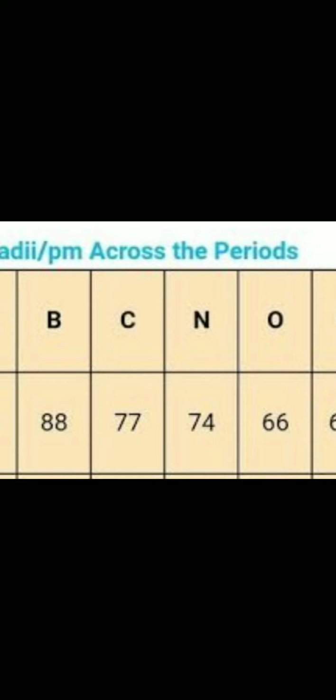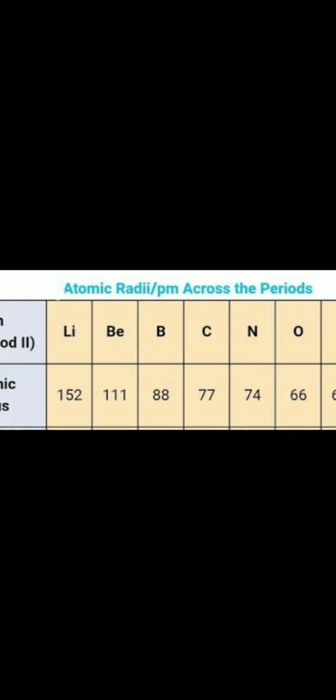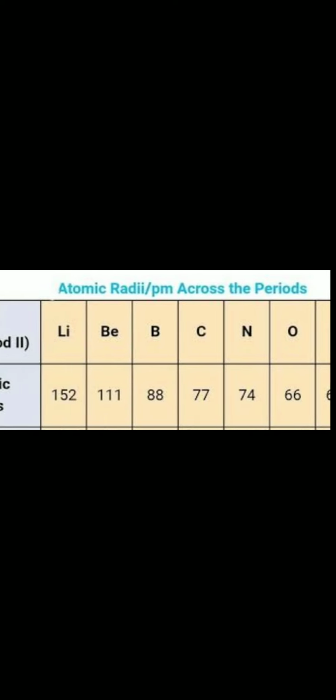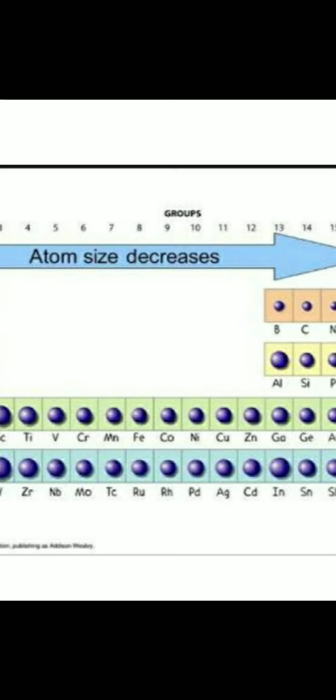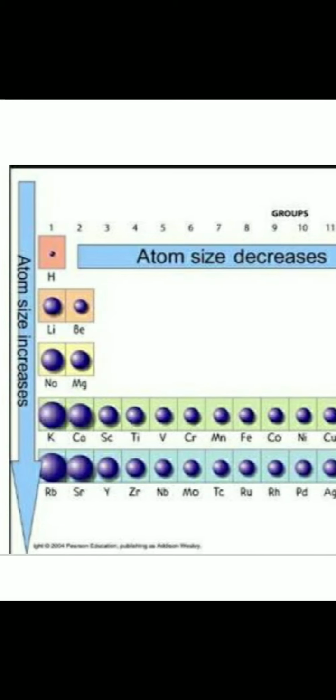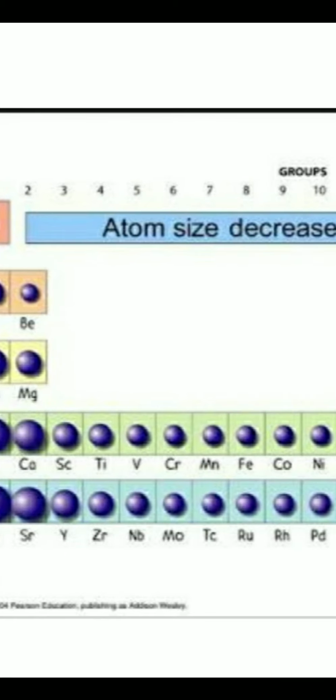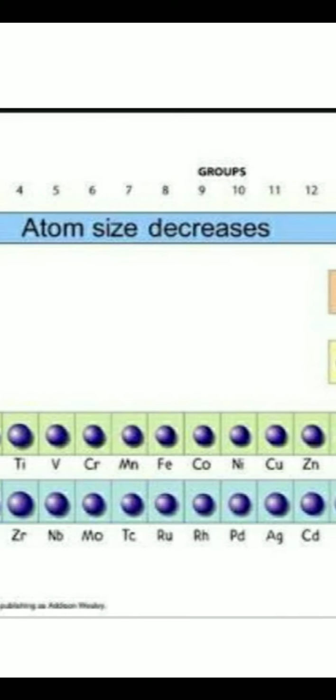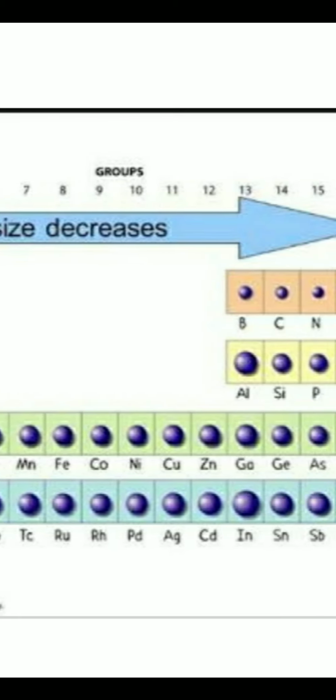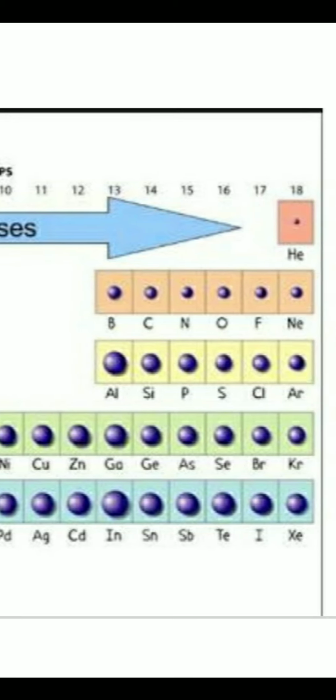By observing this trend, when we go from left to right in the period, we can see a trend here. When we go from left to right, the atomic size decreases.